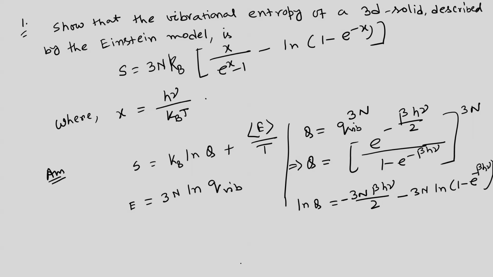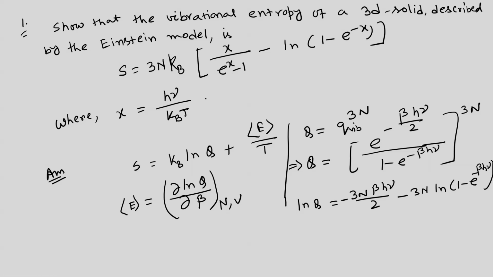In order to get the average of energy, we know how to calculate it. It is minus del ln Q by del β when N and V are constant.